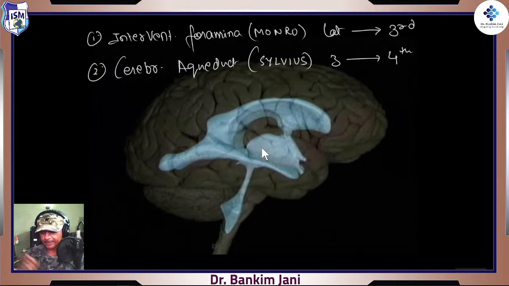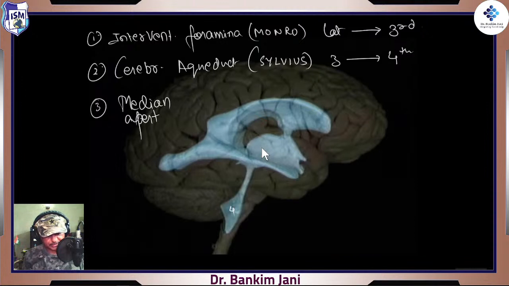Then again there is one more foramen. As we said, this is the fourth ventricle, and one opening from the medial side and two from the lateral sides. That's where they open up into the subarachnoid space, correct? So in the fourth ventricle, there would be a median aperture, right?